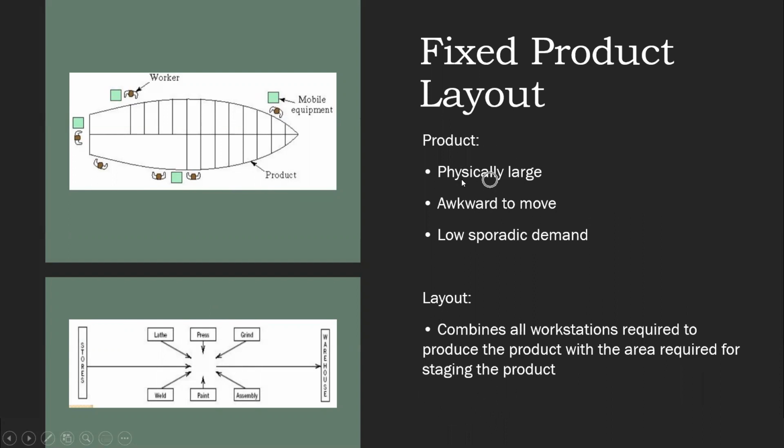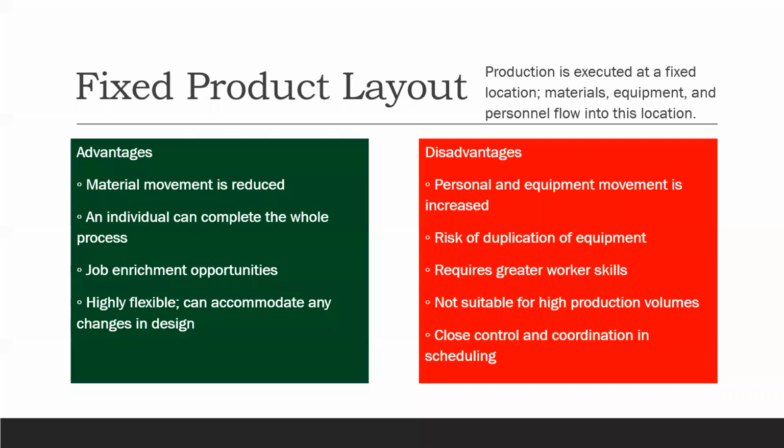So normally, yung mga products na ginagawa sa isang fixed layout ay masyadong malaki, mahirap magkaroon ng maraming movement, and yung demand ay hindi masyadong consistent. Okay? And then, yun nga, advantages, less material movement kasi nga yung ating finished good or yung ating product ay mismong nandun na sa isang common area kung nasan siya ini-stage.